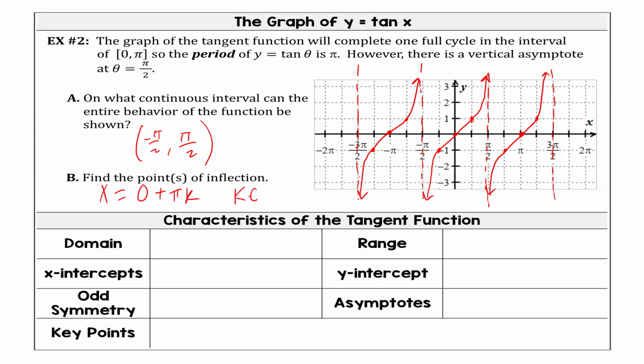K is any integer. Does anyone remember the symbol for integer from Algebra 1? It's that little 3. Integer, is it the cursive I or no? I didn't know there was a symbol for it. What did y'all learn in Algebra 1? Oh, I keep forgetting. I'm sorry. It's a Z. The integer symbol is Z. And what's the thing in between? That means exist. And instead of writing the word exist, we're lazy.